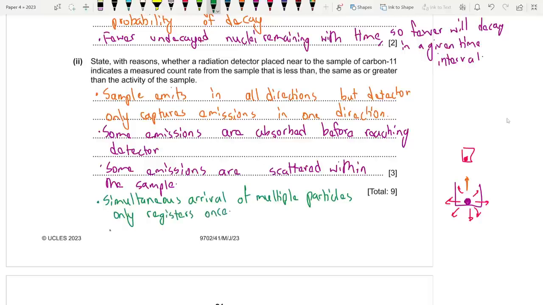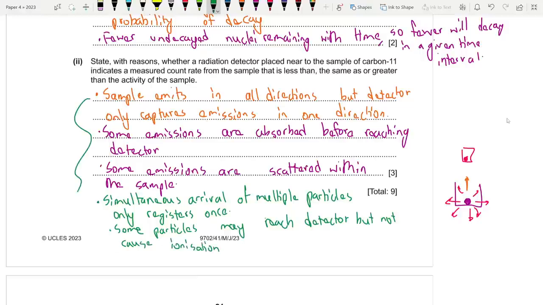Fine. And what else? Some particles may reach a detector but not cause ionization. Interesting. I haven't seen this point before. Okay, so if you write these 6 points, any two of these, you would get 2 out of 3 marks.